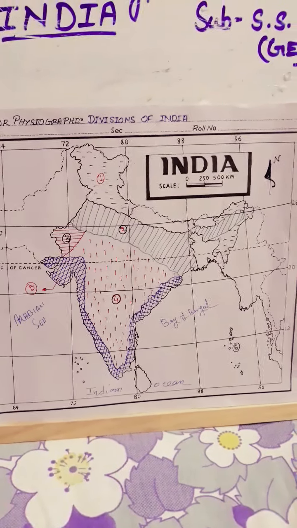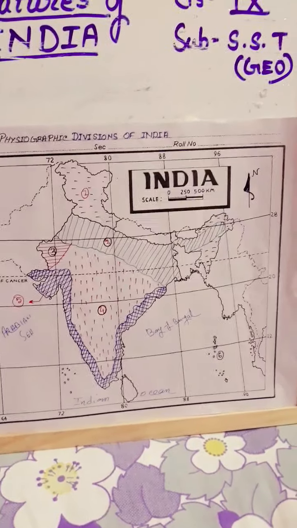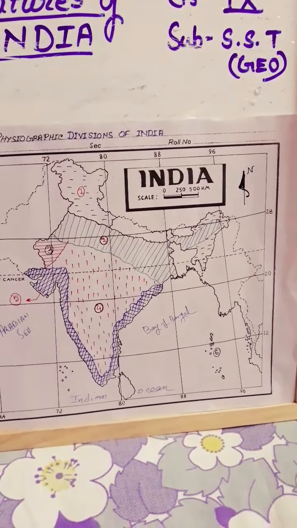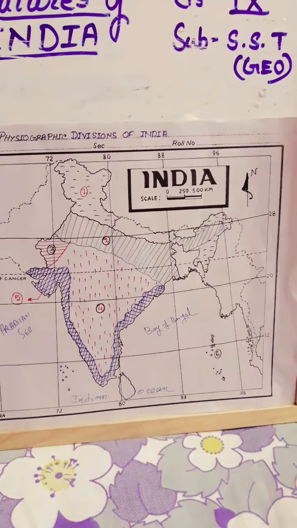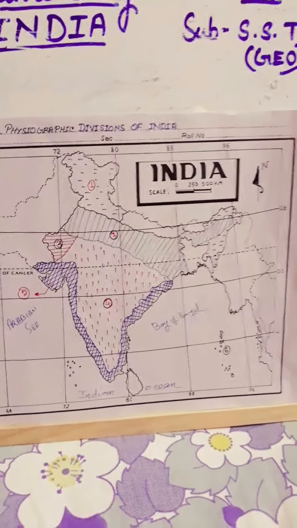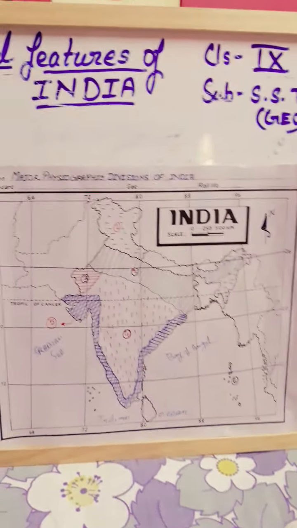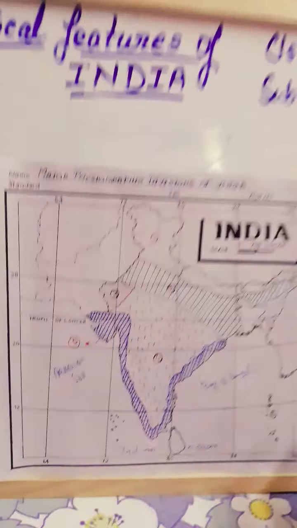The distance is about 2400 kilometers. Their width varies from 400 km in Kashmir to 150 km in Arunachal Pradesh. Now, the Himalaya consists of 3 parallel ranges in its longitudinal extent. Now, we will discuss these 3 parallel ranges.